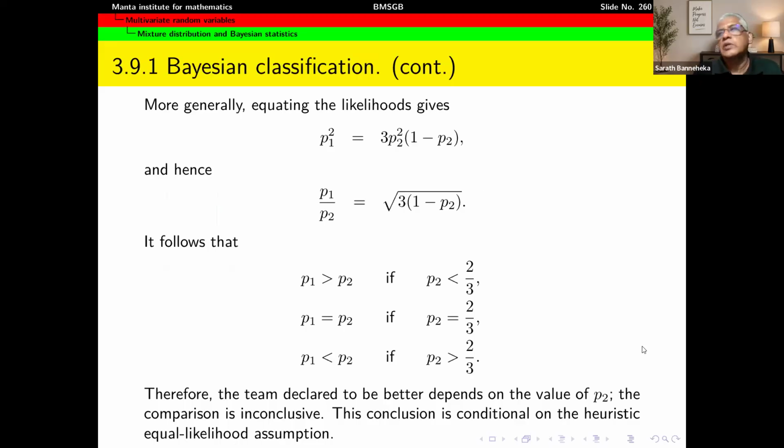But of course, in general, we cannot declare one team as the better team, because we don't know what the value of P2 is, right? If we knew what the value of P2 was, of course, we could have decided which team is the better team according to the criterion that L1 and L2 are equal, right? But in this case, the conclusion is not very clear. Again, it's an inconclusive decision in this case.